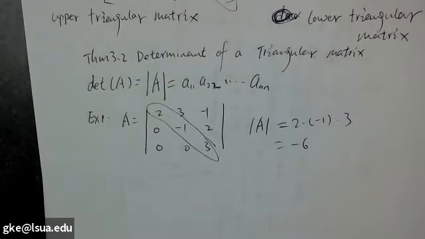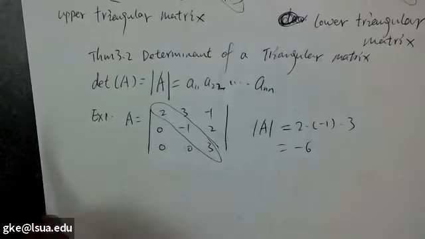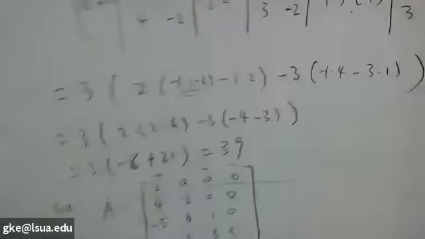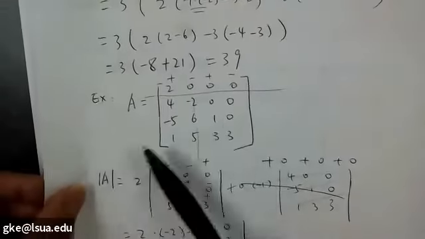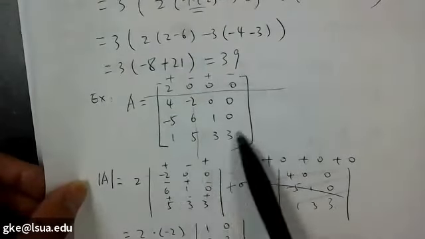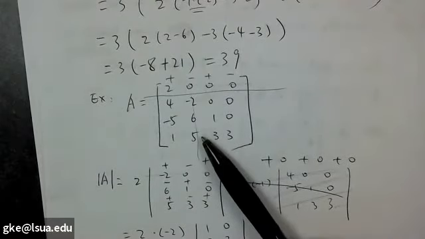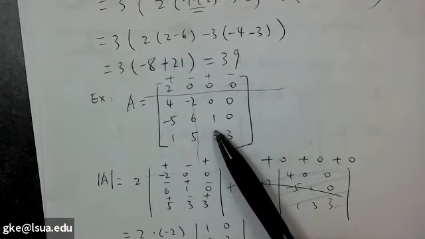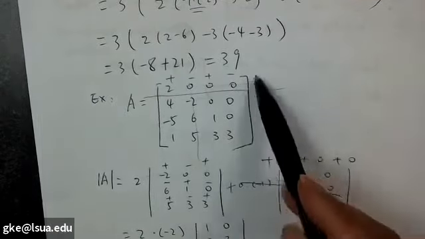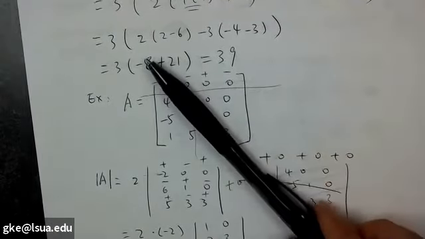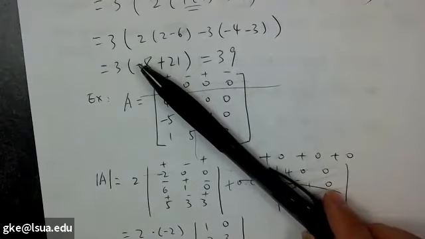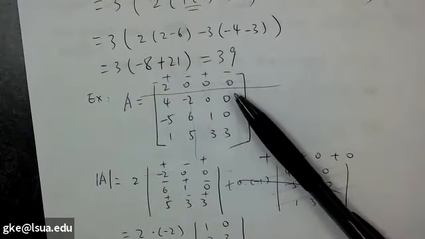That's it. And from the previous example, I gave you this matrix, right? A. Did you see it? That is what? Lower triangular matrix, right? It's very clear because we can see above the diagonal entries, they are all zeros.